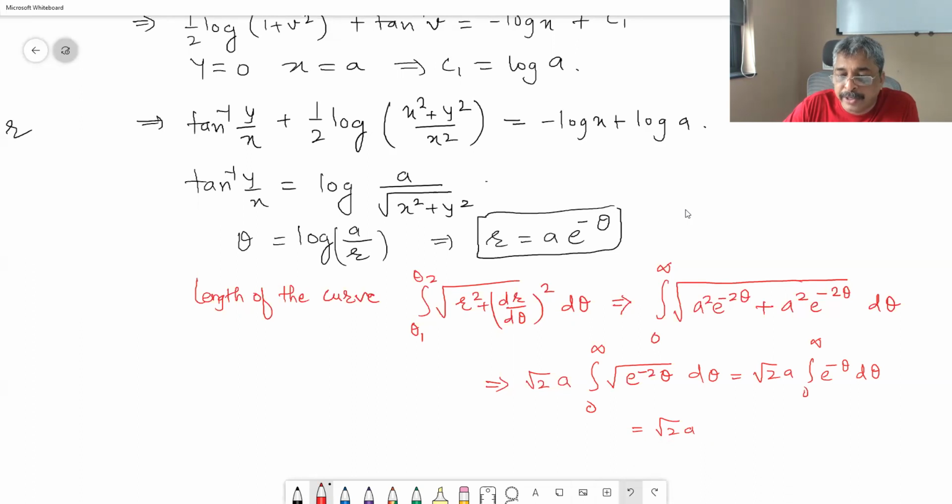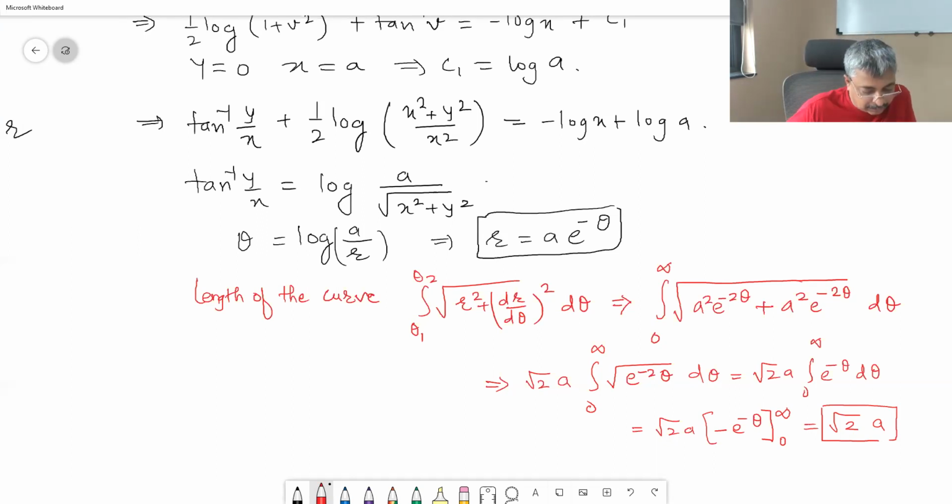Now you have to evaluate: it is minus e raised to minus theta, evaluated between 0 and infinity. If we put infinity, it becomes 0. If we put 0, it becomes 1. So the answer is minus minus 1. Therefore, root 2 times a. That is the distance that they will travel before they reach the center.